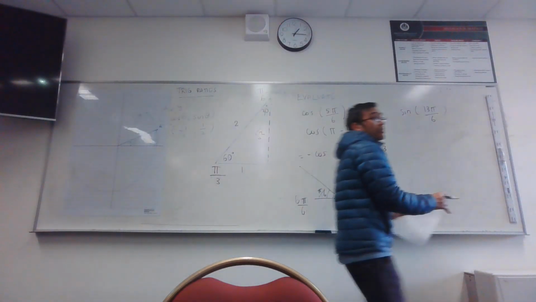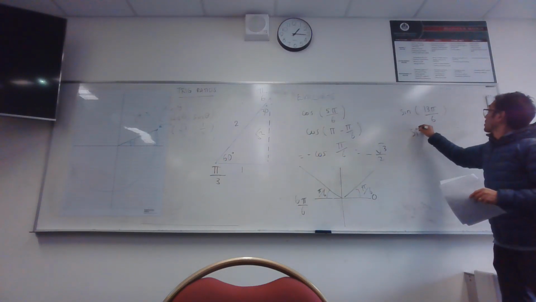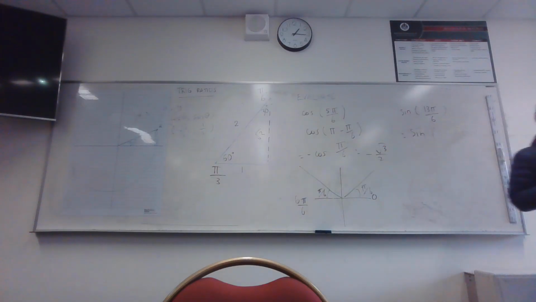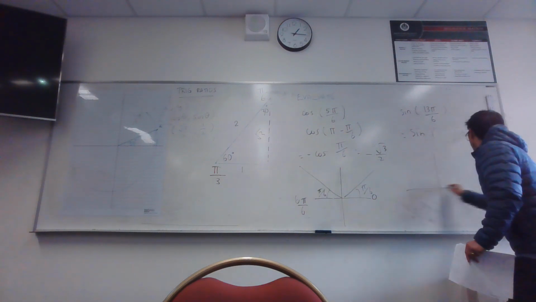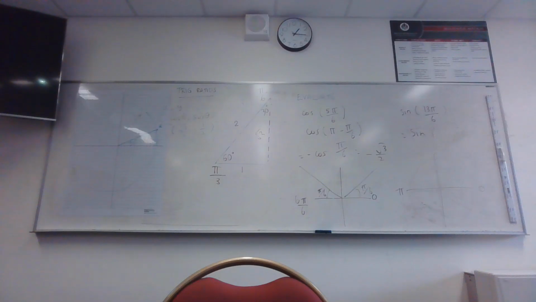Sine 13 pi on 6. What's my reference angle, Emily? Am I going to read it off from 0 or from pi? From 0, good. Which is 0 is the same as 2 pi.